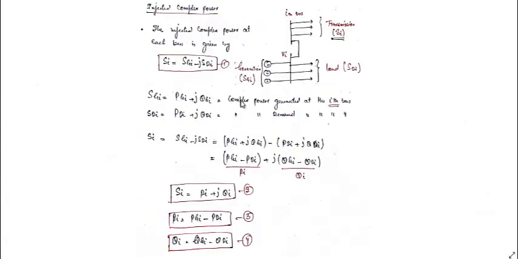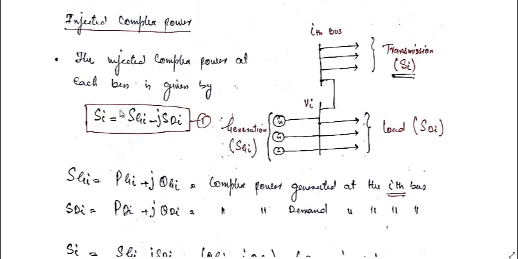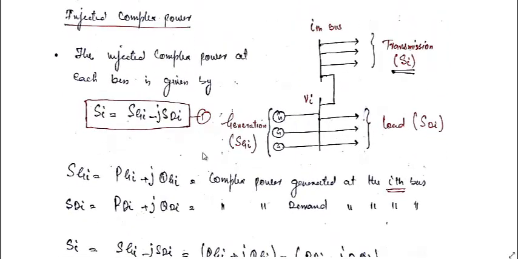First we'll discuss the injected active and reactive power, or injected complex power. Now this is the ith bus, including this. Here we have some load demand and it is connected to a generation. This generation is supplying some complex power denoted by SGI, and the load is getting some demand, SDI, from this generation.